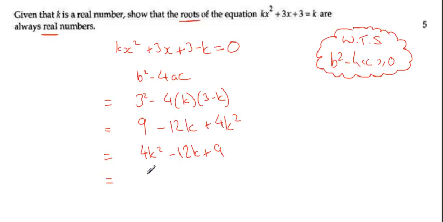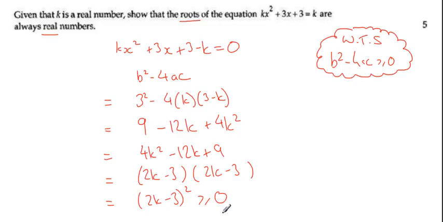Okay, now looking at this here, this factorizes to 2k minus 3 and 2k minus 3, which really means 2k minus 3 squared. So because that discriminant is a squared term, we know that has to be greater than or equal to 0 because squares cannot be negative.